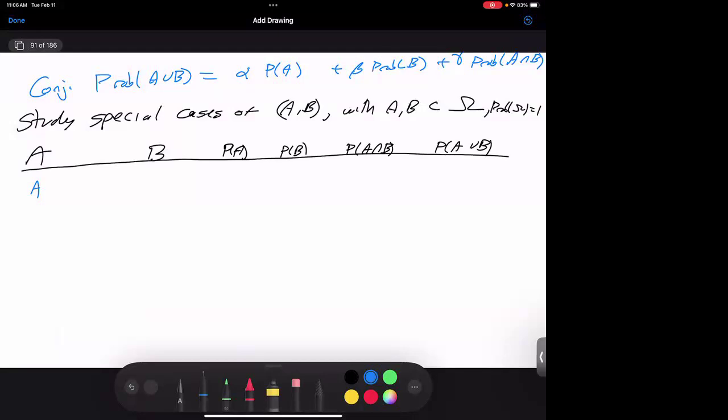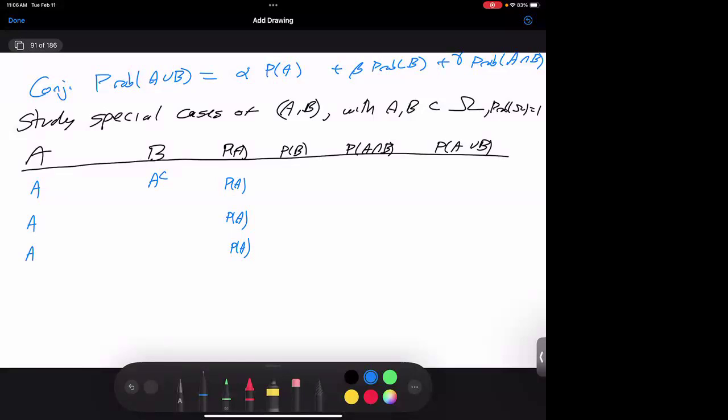There's actually 3 natural choices for B. What's a natural choice for B, where you can calculate all these probabilities in terms of the probability of A? 1 minus A. So one possibility would be B is a complement.